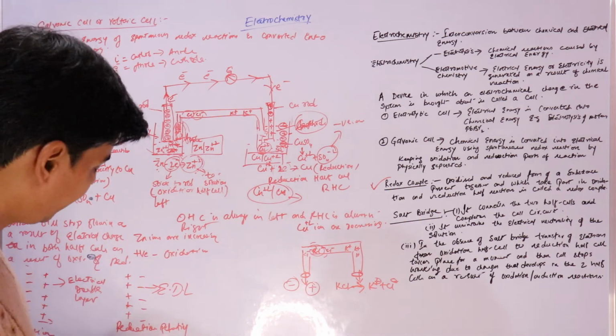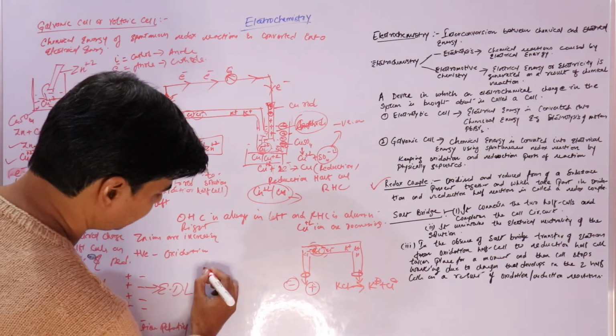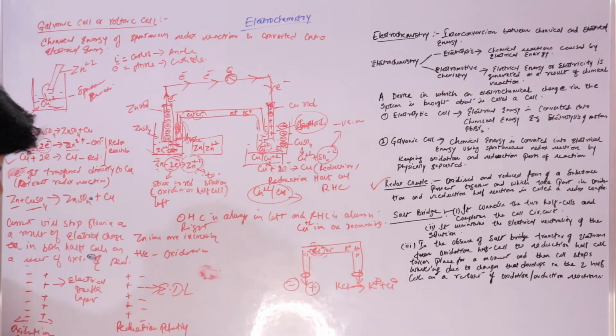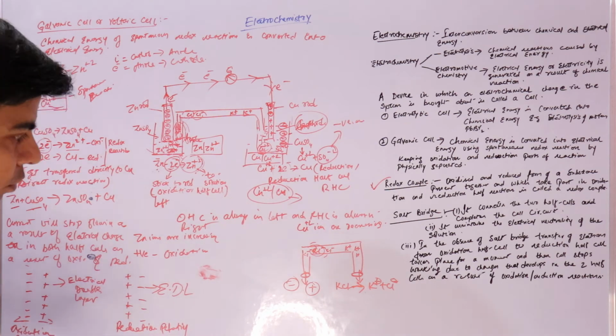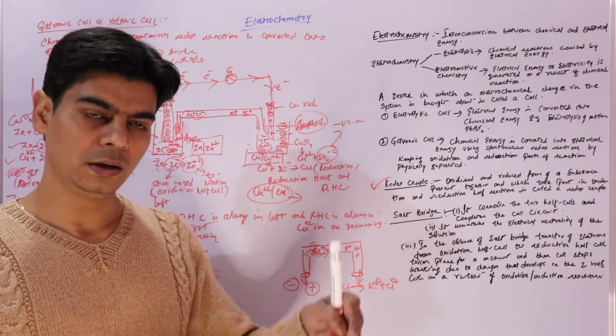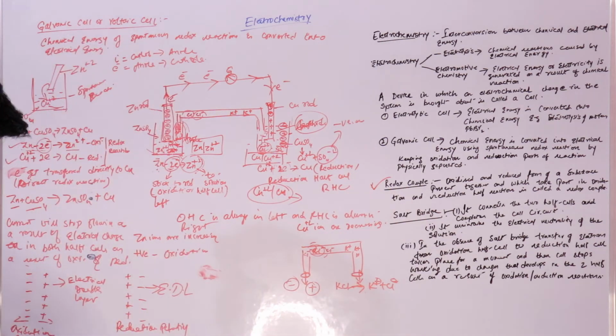And one thing, this oxidation potential is always related to the reduction potential. We know the oxidation potential of zinc is high. What about its reduction potential? Its reduction potential would be equal to its oxidation potential but opposite in sign.